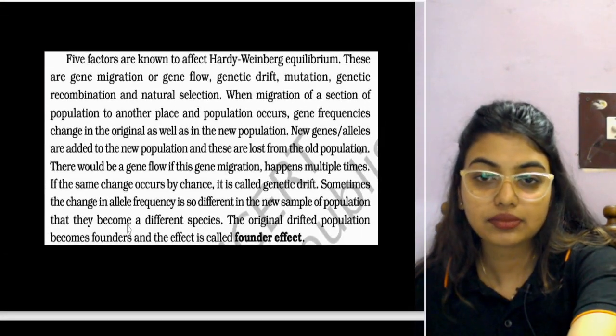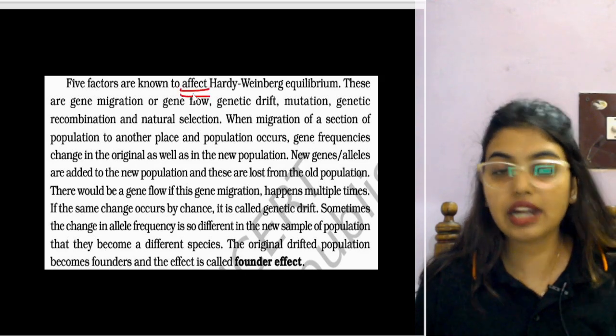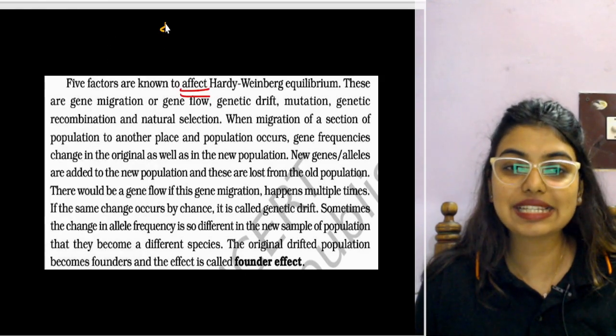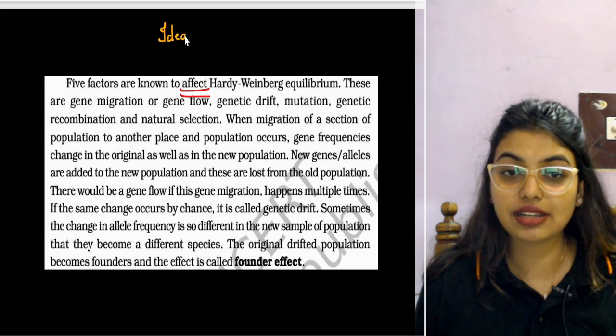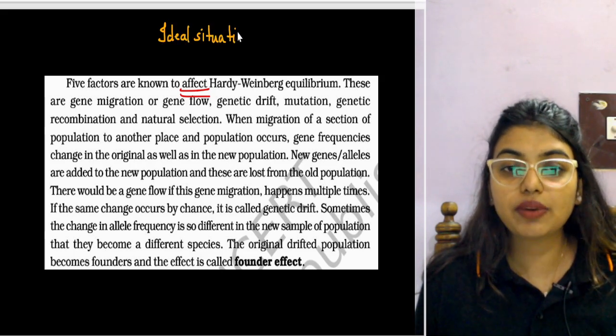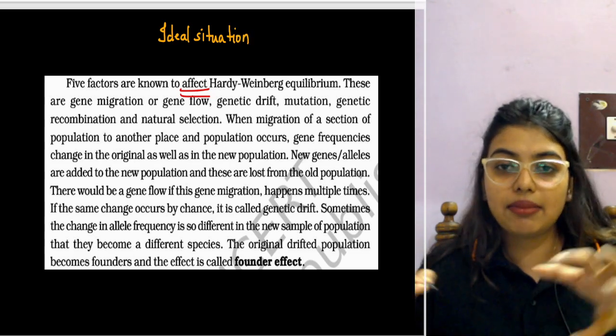Now, this is more important. Five factors are known to affect the Hardy-Weinberg principle. Let me tell you that the Hardy-Weinberg principle is an ideal situation. All of you would have heard this word, ideal situation, in chemistry. When we are doing a reaction, there is an ideal situation, that this might happen.